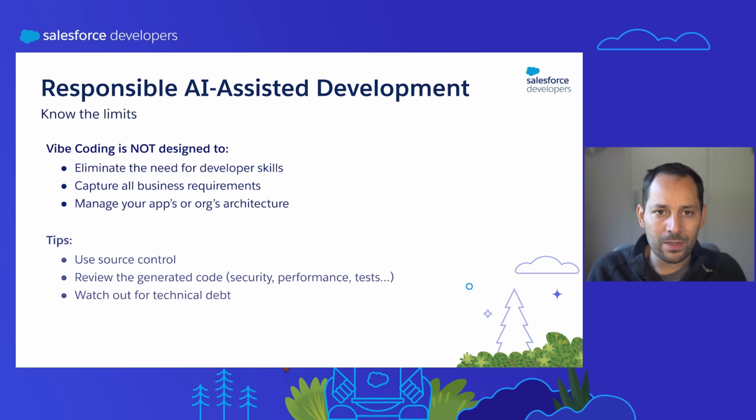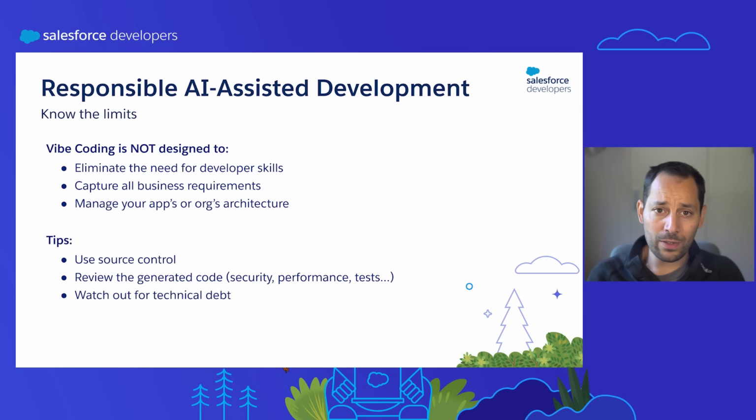Here are some tips on how you can make the best use of vibe coding. First of all, just like any traditional software development, you want to use source control. This is perhaps even more important in this context because you're going to be generating a lot of code and fast. So you want to be able to make sure you differentiate the code that you have written manually with the code that is being generated by the agent.